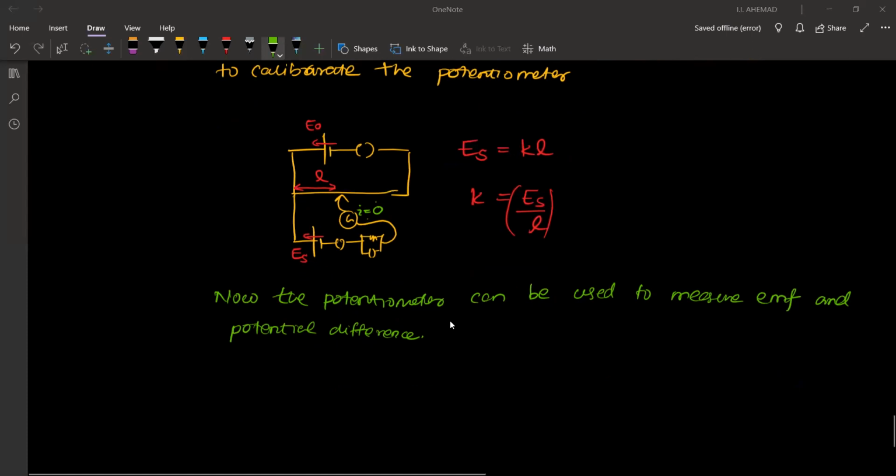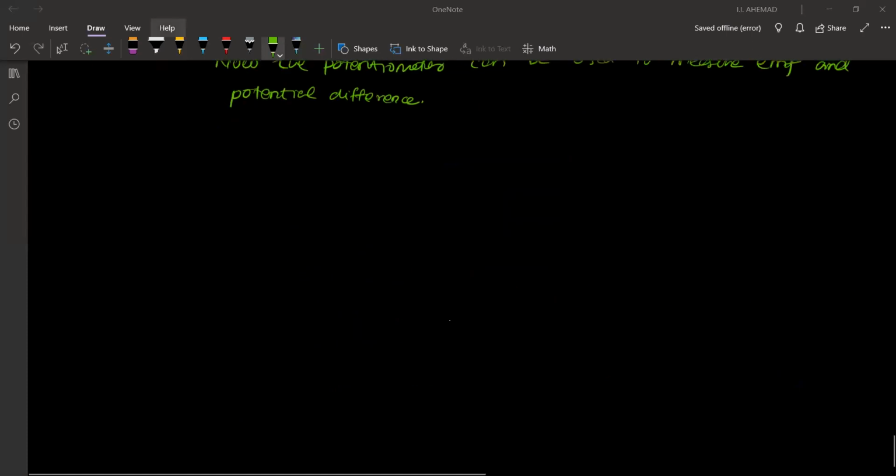So next experiment, comparison of EMF of two cells.